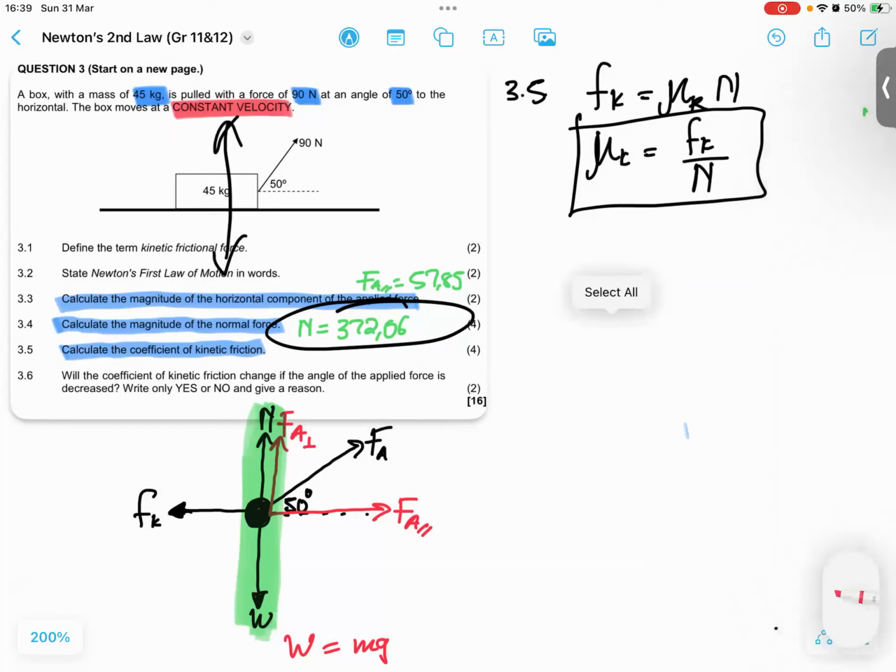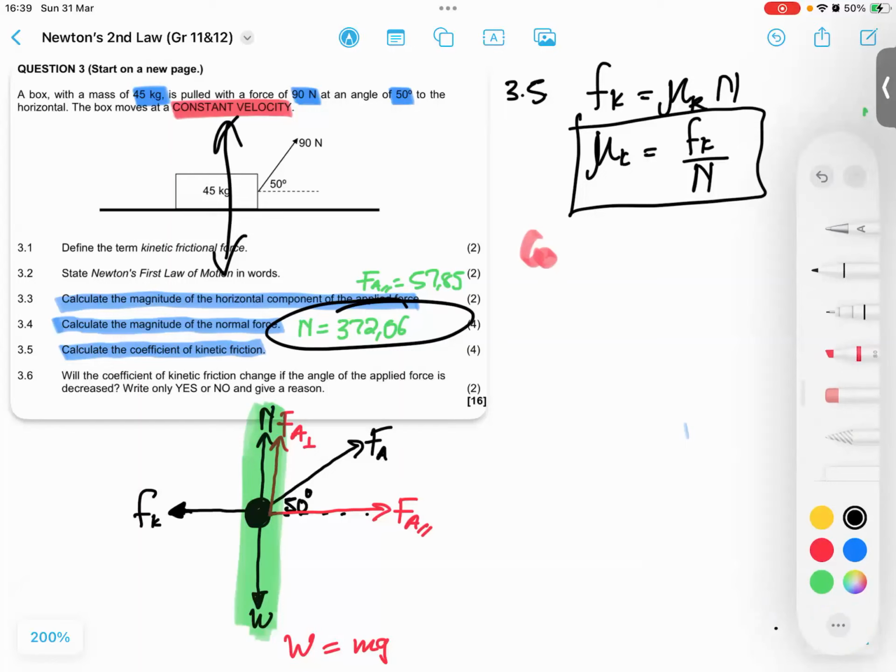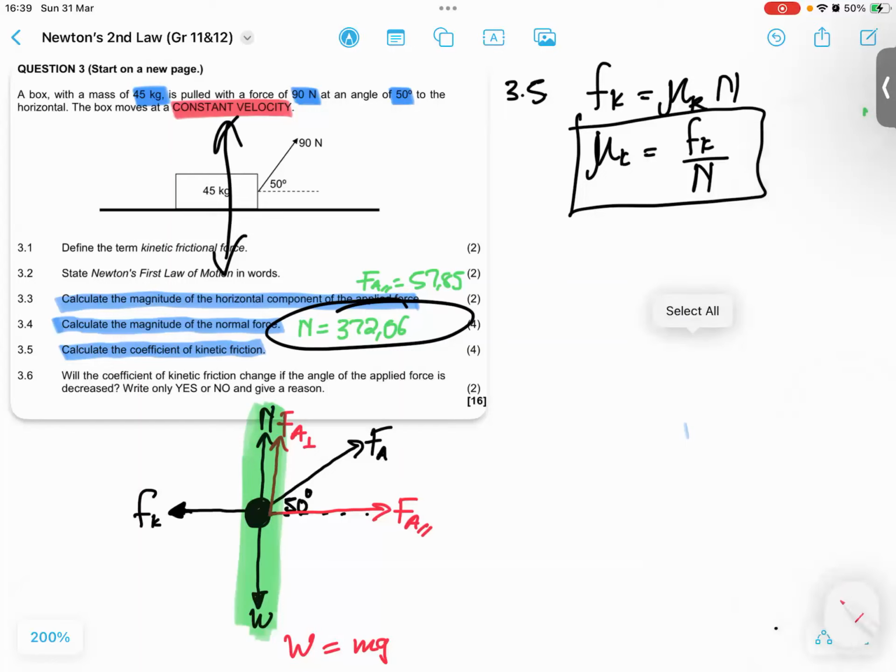So what is the implication of that? Constant velocity simply means that there's no change in velocity, because if an object moves at a constant velocity, there is no change of velocity.